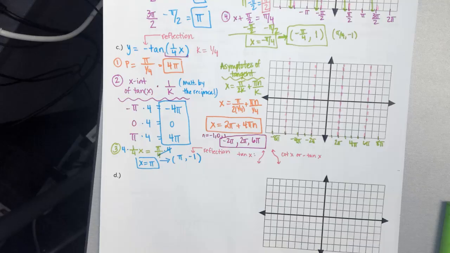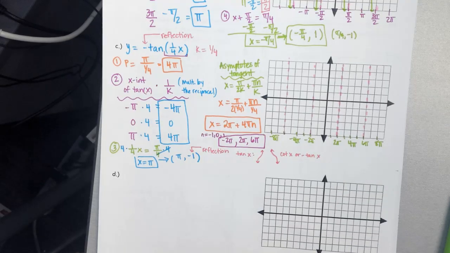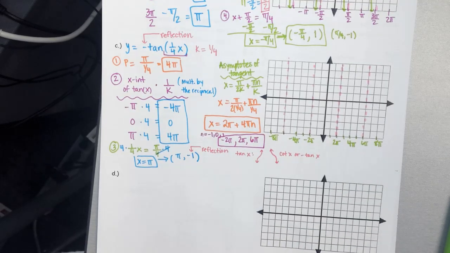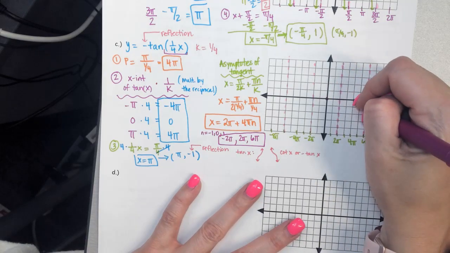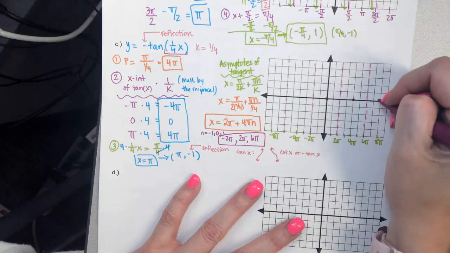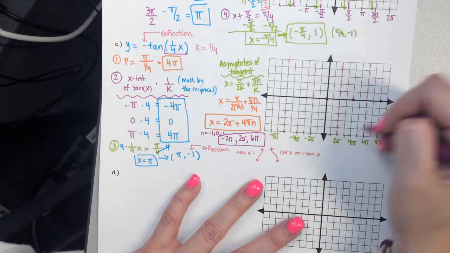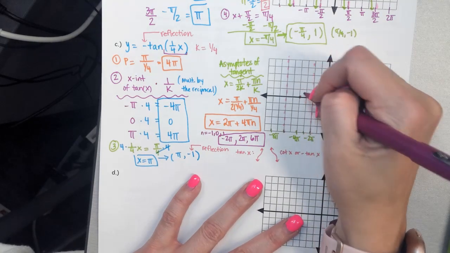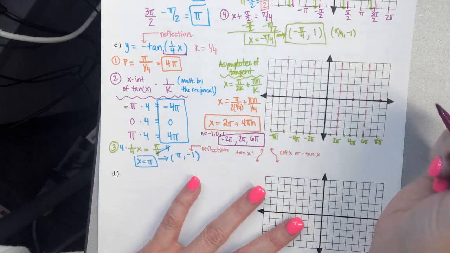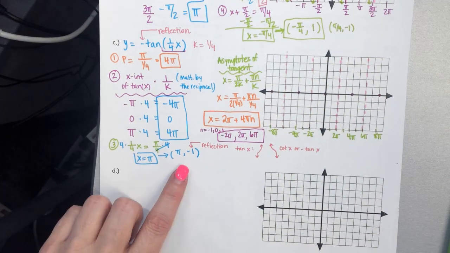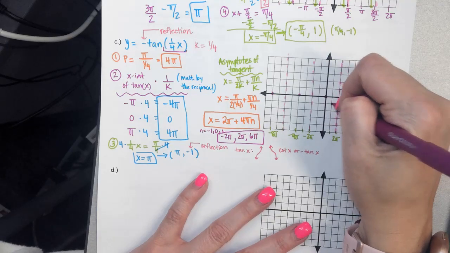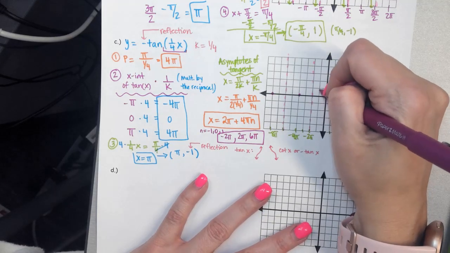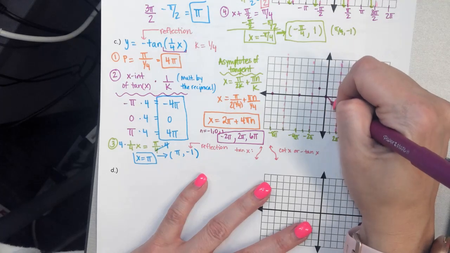All right, and then when you are doing your intercepts, okay, you may notice, hey, every single time we've done this, it's been 4. Yep, that's because we're manipulating our scale. Okay, it doesn't always have to be that. So at pi, now I'm at -1, which means at negative pi, I'm at +1.